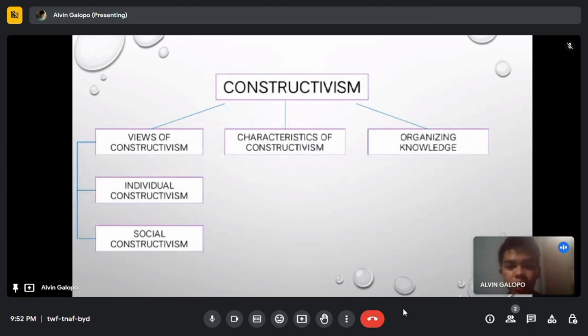Under constructivism, there are views of constructivism, that would be the individual and social constructivism. And under constructivism, the characteristics of constructivism. And on the other side, the organizing knowledge. So let us define what is constructivism.